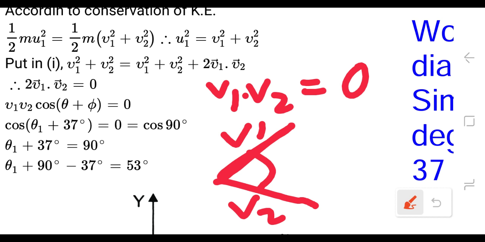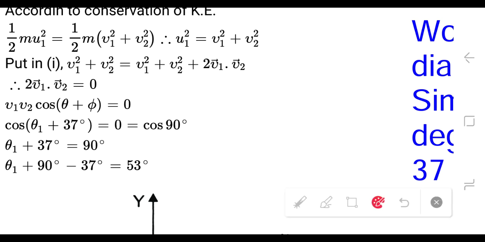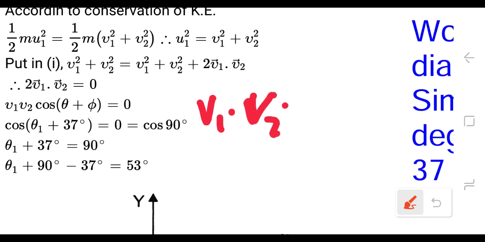We know from the dot product, v1 dot v2 is equal to v1 v2 cos theta.